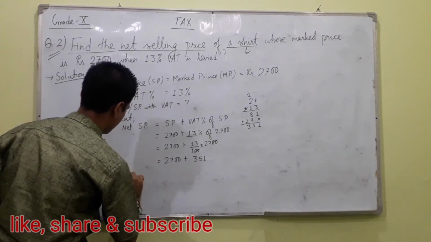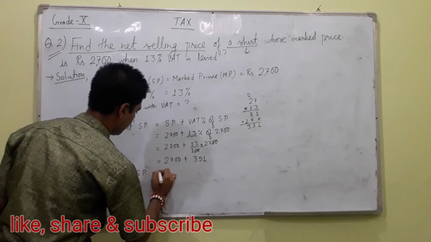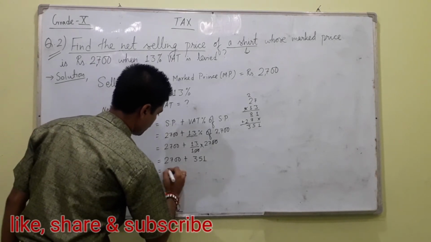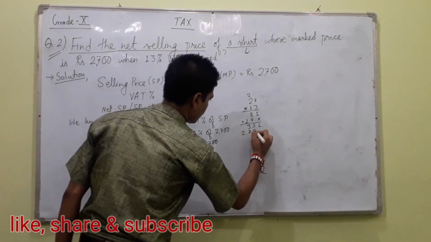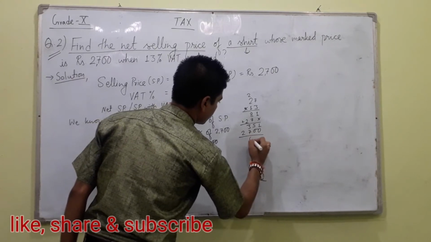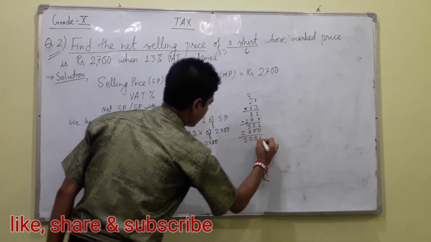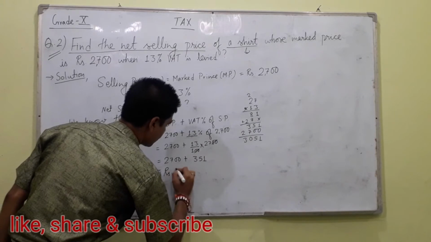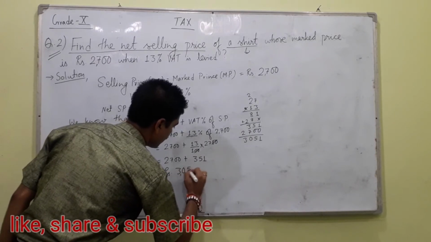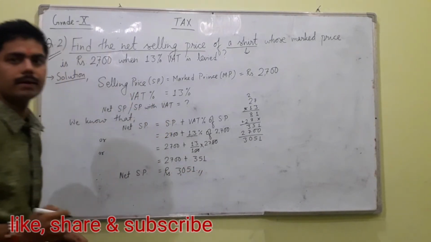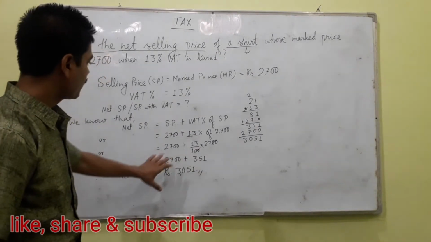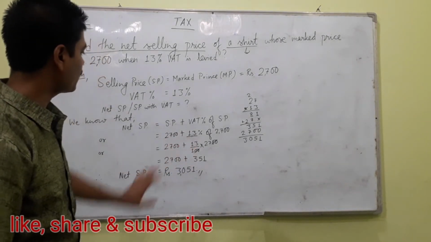Therefore, the net selling price is 2,700 plus 351 rupees, 3,051.